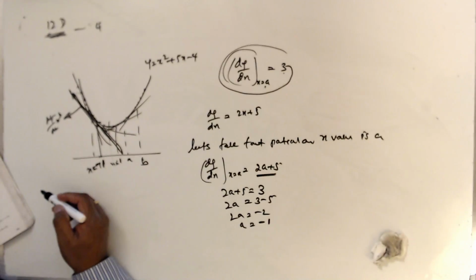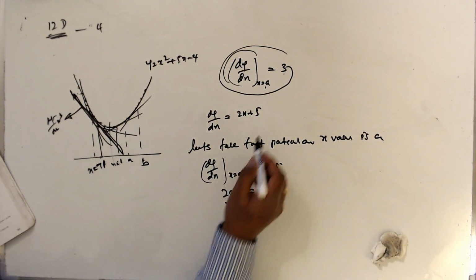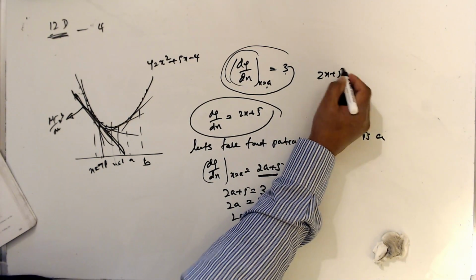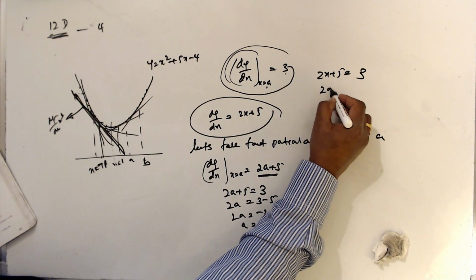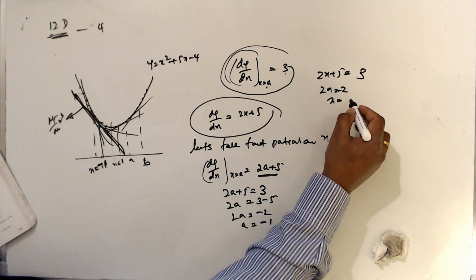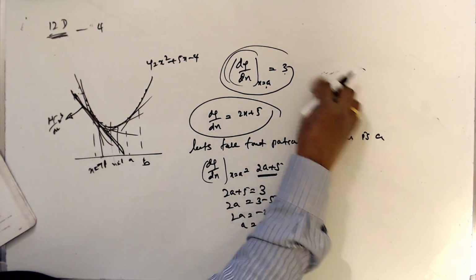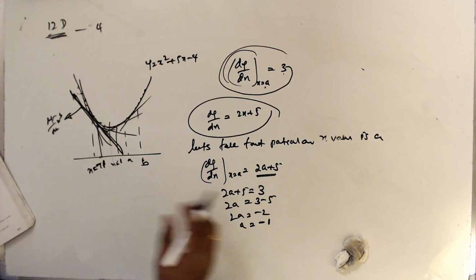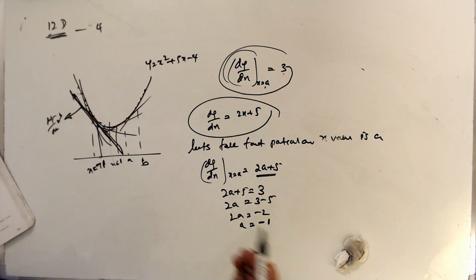What is that point? The way we find this point, we find dy by dx, and then we make it equal to 3, and then you will get 2x equals minus 2, x equals minus 1. So instead of working with x, it is really nice to work with a, because x is any point.